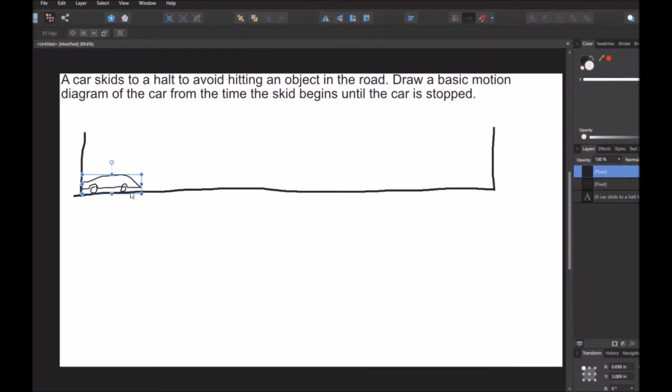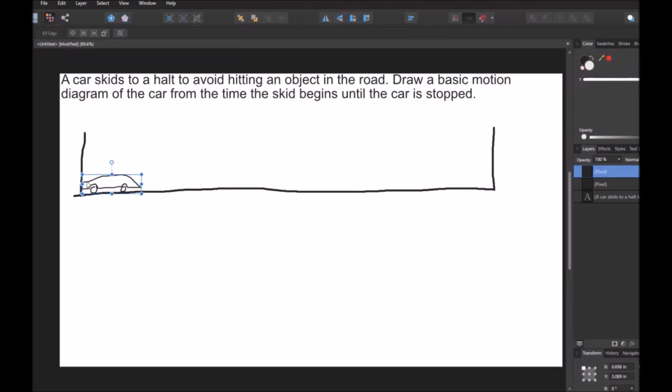So I have this rough picture of a car I drew here, and it's on this graph right here, and this leftmost line represents where the skid starts. So right here is where the car starts to skid, and this end line right here on the right side is going to be where the car stops.